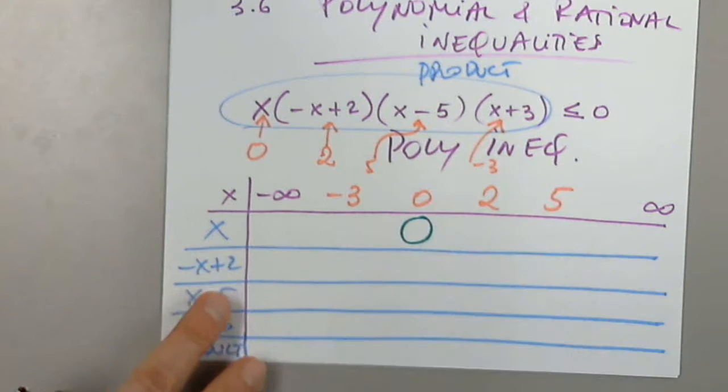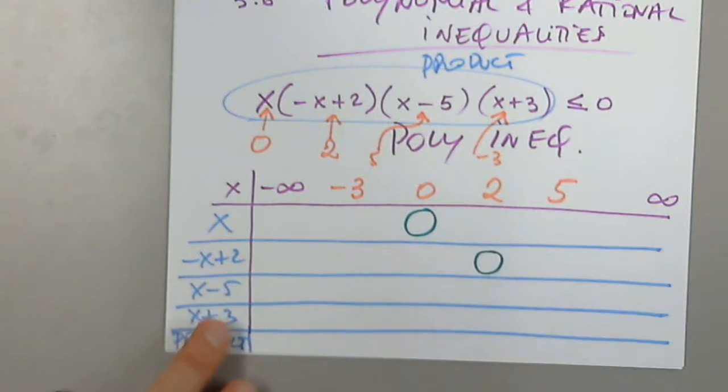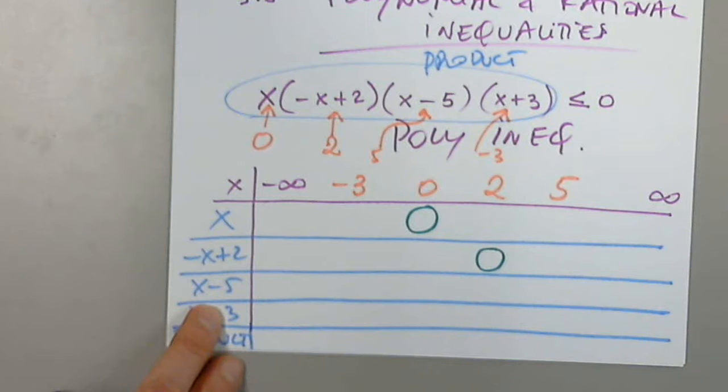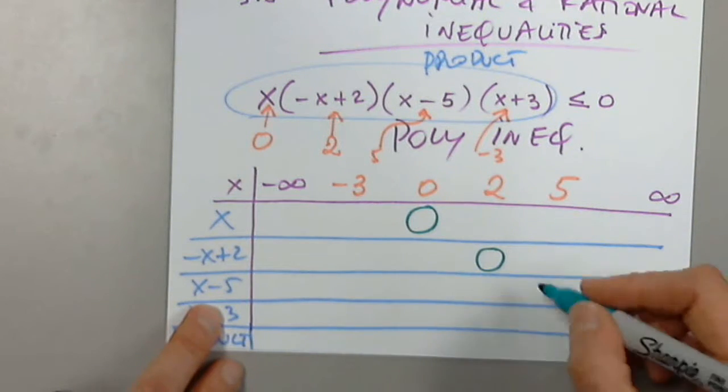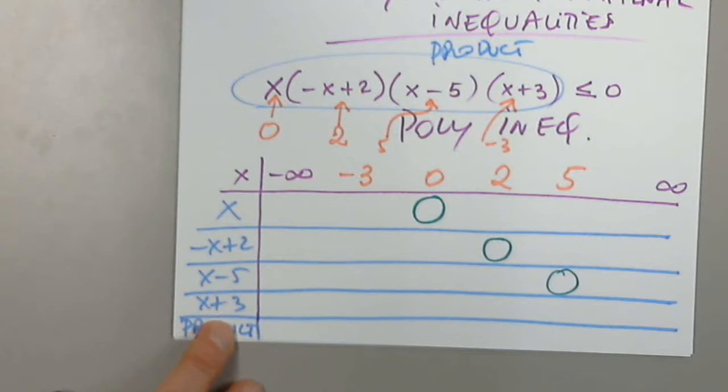Thank you. Negative x plus 2 crosses the x-axis under which number? X minus 5 crosses the x-axis under which number? And x plus 3 crosses the x-axis, or is 0, under which number?